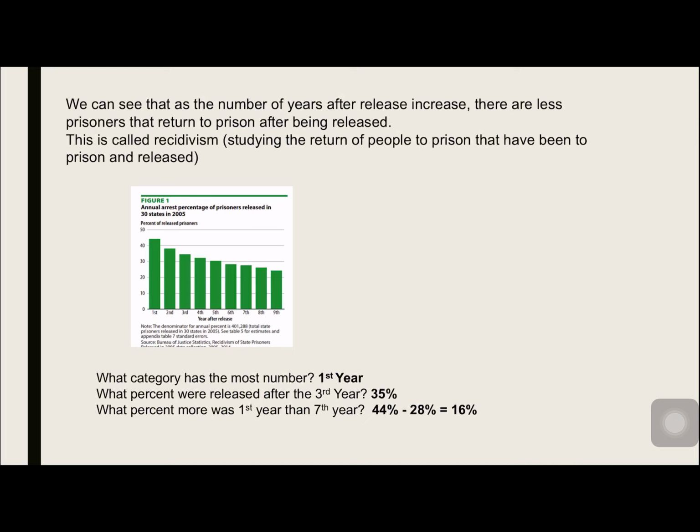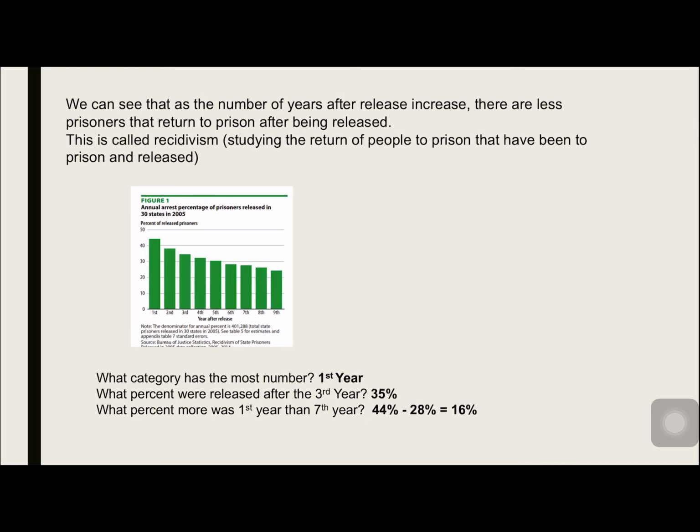And at the bottom you have year after release, and the bar represents percent. Okay, so this is studying the percent of people that return to prison. And what category has the most? You can see the first year.